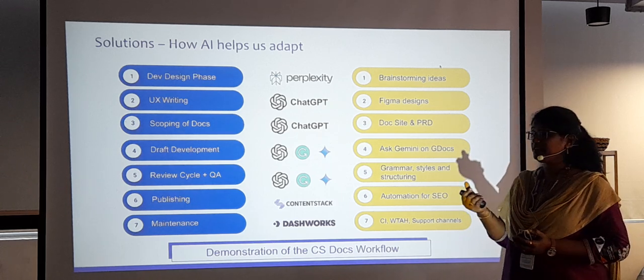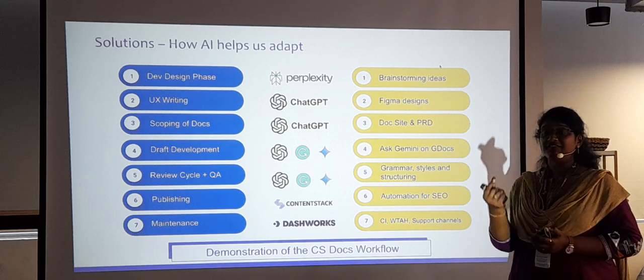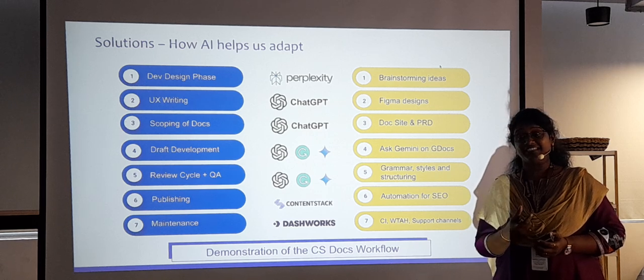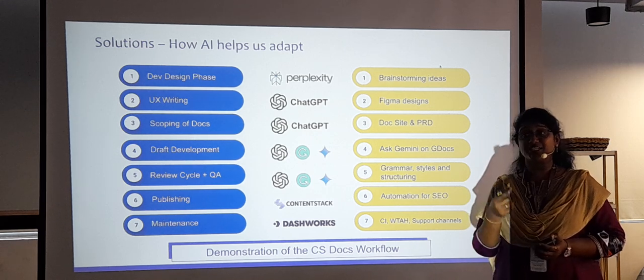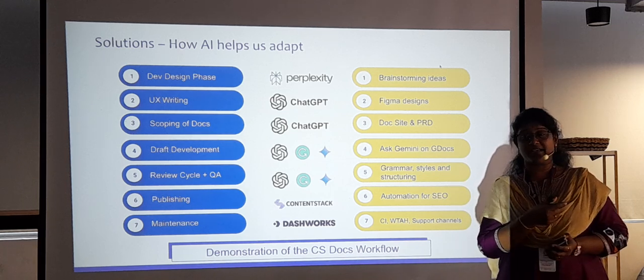So when the PRD, the product requirement document, is given to us, we give that PRD to the GPT, give it the website or docs portal link, and ask it to analyze where exactly this update would be coming up.